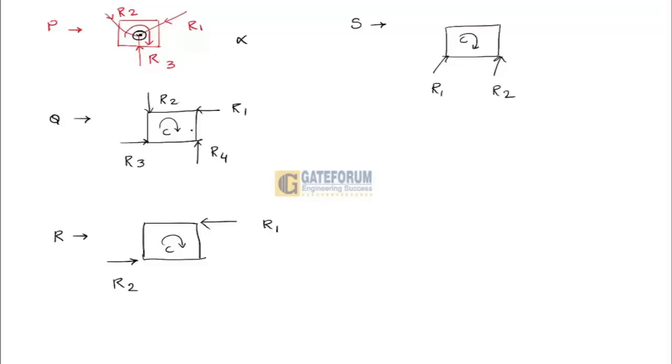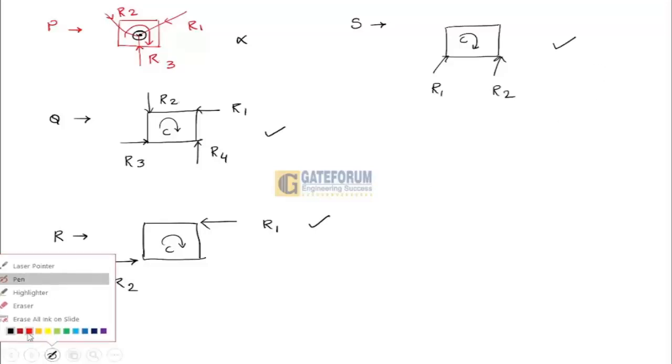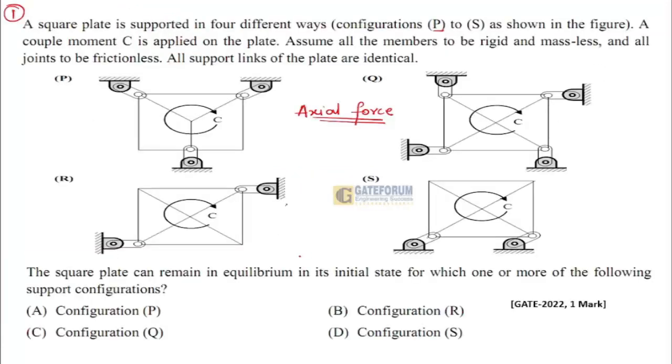Hence the equilibrium is possible for Q, R and S. So the answer will be Q, R and S: B, C and D. This is a multi-select question. B, C, D are all the right answers for the given question.